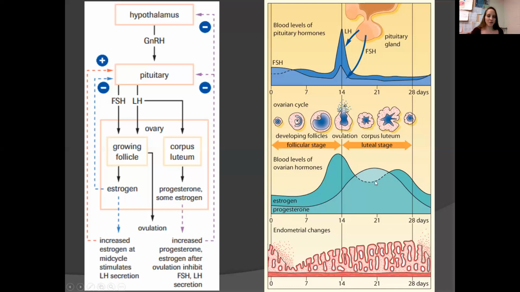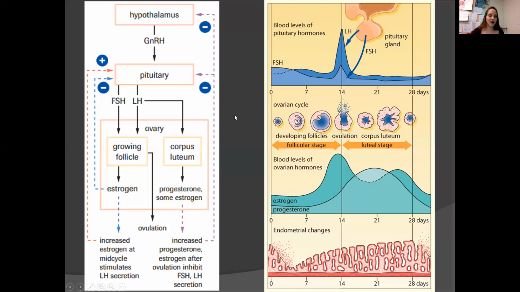The increase in progesterone corresponds with an increase in the thickness of the endometrium, and then the drop-off of the progesterone corresponds with the start of the flow phase, so the breakdown of the endometrium.